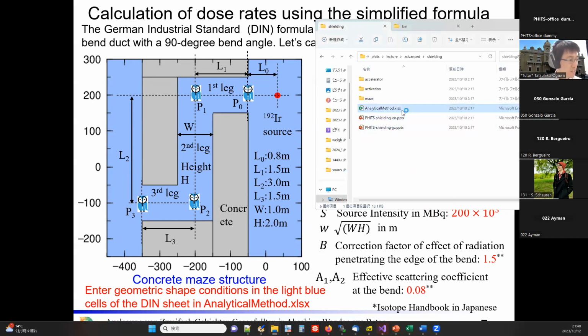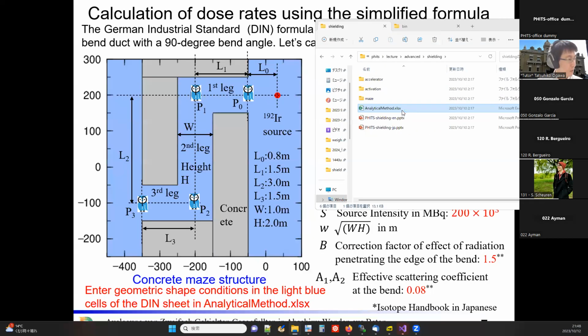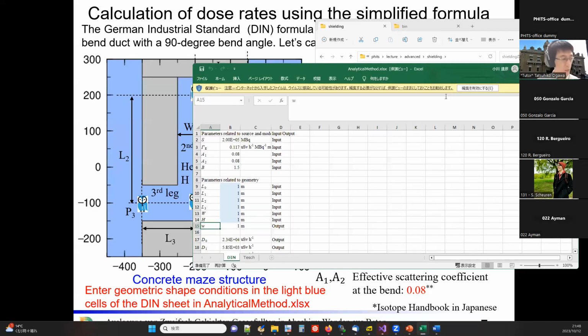To perform this calculation, we have a pre-made data table to do this math.